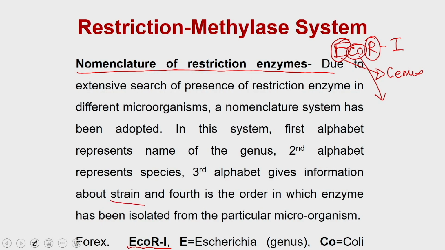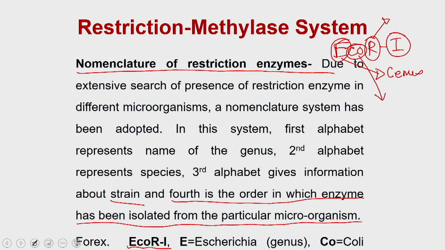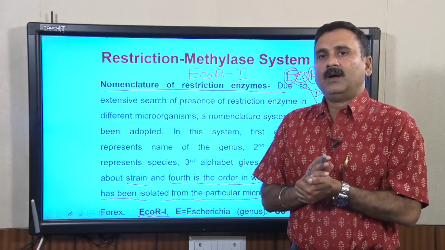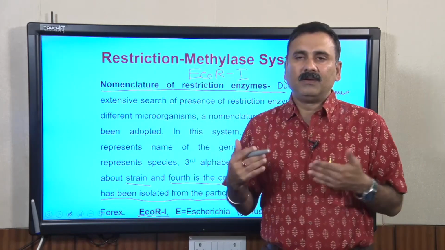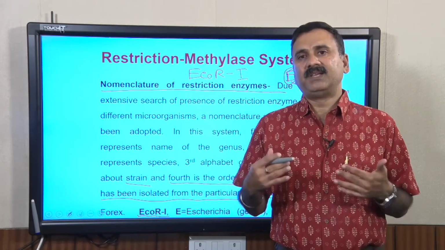So, for example, in this case you have the R strain, and the fourth letter is the order in which the enzyme has been isolated from the particular organism, which means that if you isolated EcoR1 the first time, this is the first enzyme from the E. coli strain R. And that is how people started naming the different restriction enzymes.